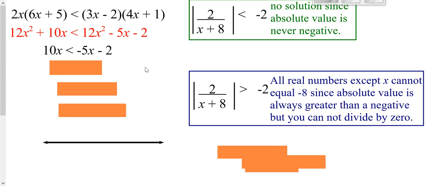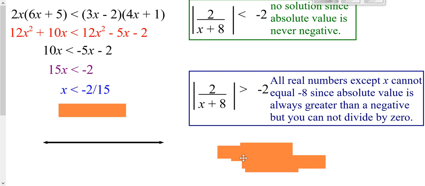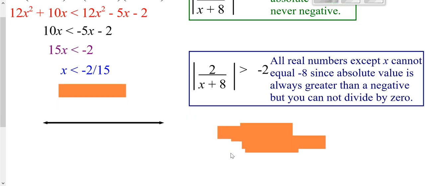So you want to try to get the variables on one side. So I'm going to add a 5x to both sides. Then I'm going to go ahead and divide by 15. I'm dividing by positive 15, so I do not switch my inequality sign. I only switch my inequality sign if I'm multiplying or dividing by a negative.